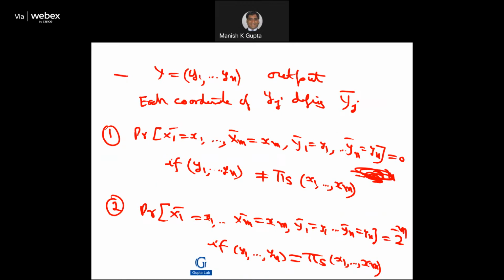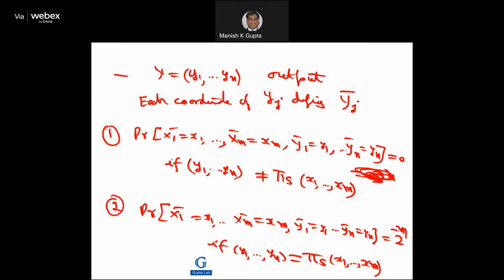Then y equal to y1, y2, ..., yn is the output. Each coordinate yj defines a random variable Yj bar. Basically, these are the observations. The probability that X1 bar is equal to x1, X2 bar is equal to x2, ..., Xm bar is equal to xm, Y1 bar is equal to y1, Y2 bar is equal to y2, and so on up to Yn bar equal to yn, is 0 if the image of the input x1, x2, ..., xm under pi S is not equal to the output y1, y2, ..., yn.